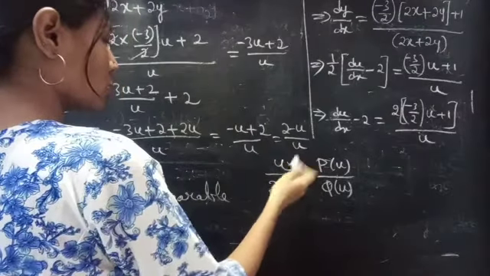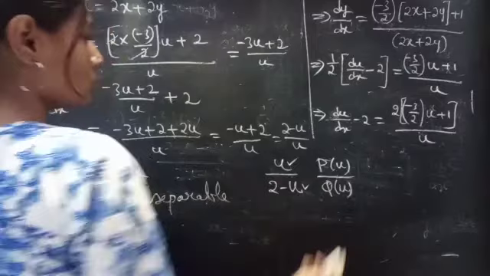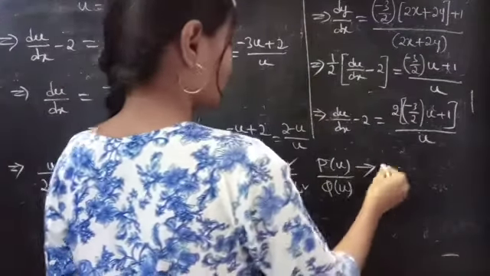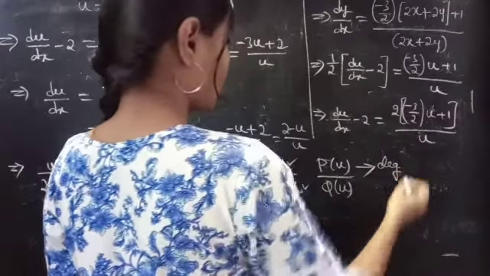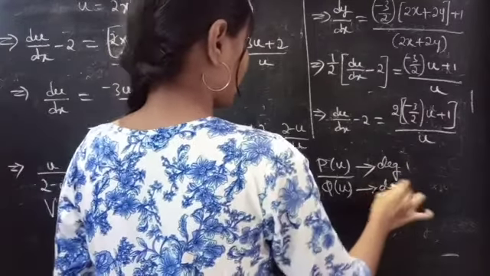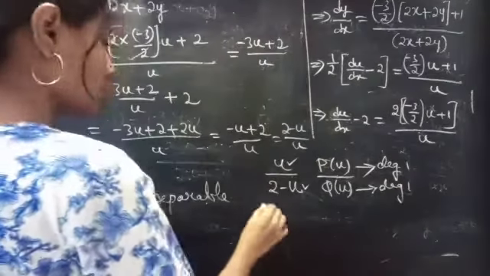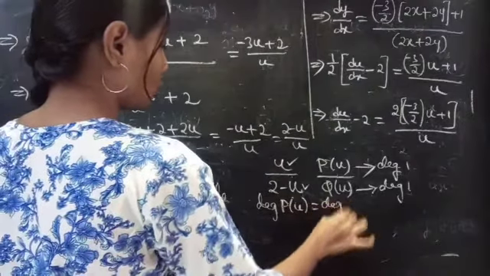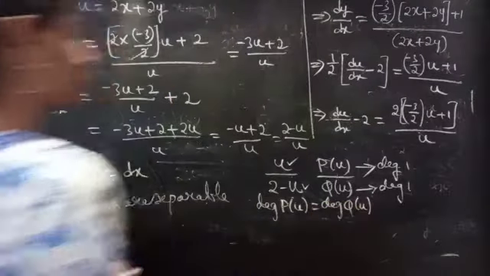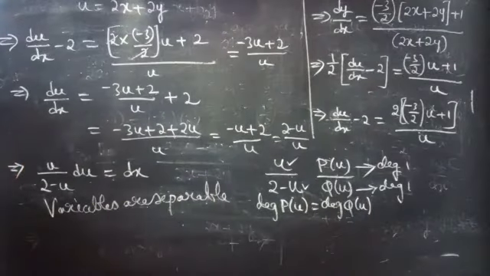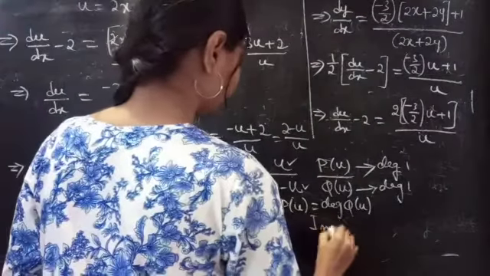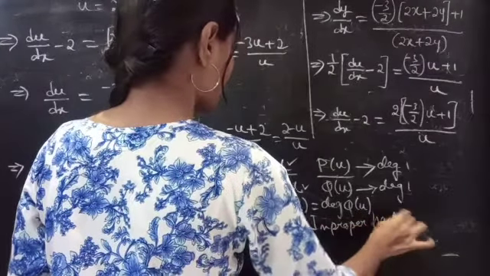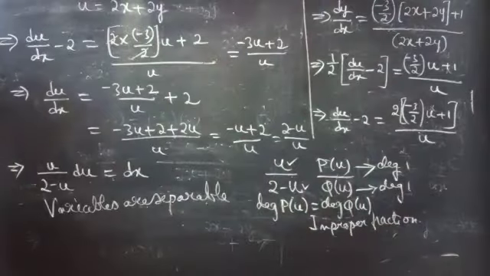The degree of p of u is 1 and the degree of q of u is also 1. Since the degree of p of u is equal to the degree of q of u, we can say that this fraction is an improper fraction.